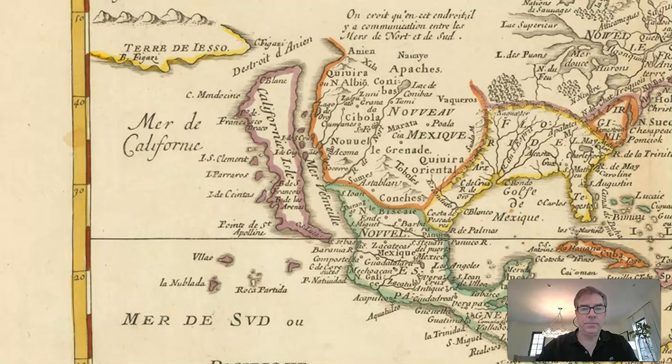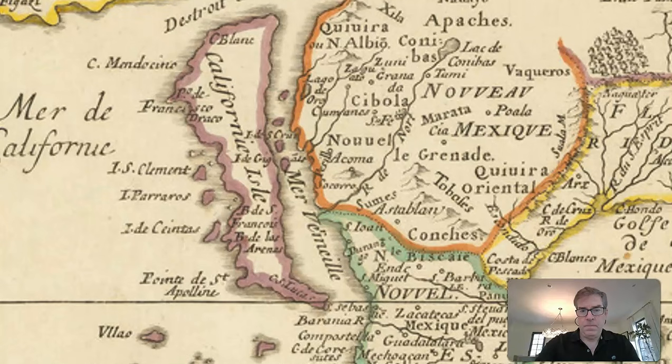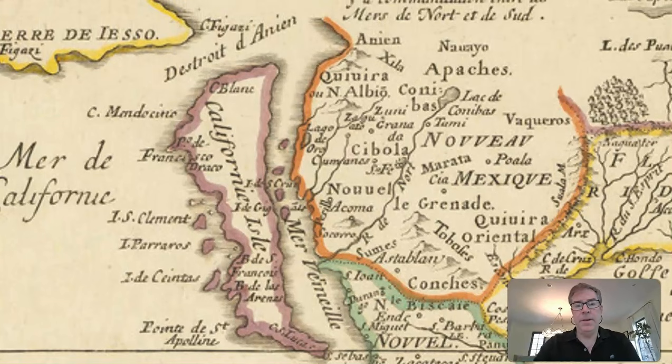California is an island, the land of Jesus, and you can see Quivira here, and this was also known as a city of riches, a city of gold, and it generally was looked at in the northern part of our world at that time. A city of gold, a city of riches.